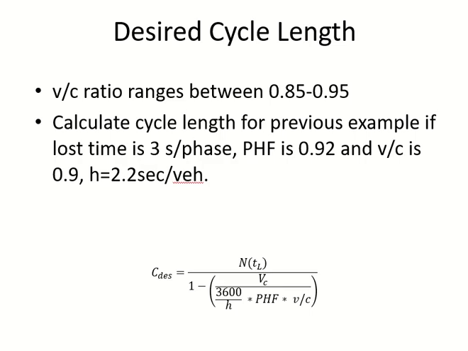Every phase has 3 seconds of lost time, so in every phase, there are 3 seconds without movement. Got it? And how many phases we have? 4. So total lost time is 4 into 3. So out of 70 seconds, this many is without movement. The remaining is available for the movement. How much is that remaining? 70 minus this, how much?